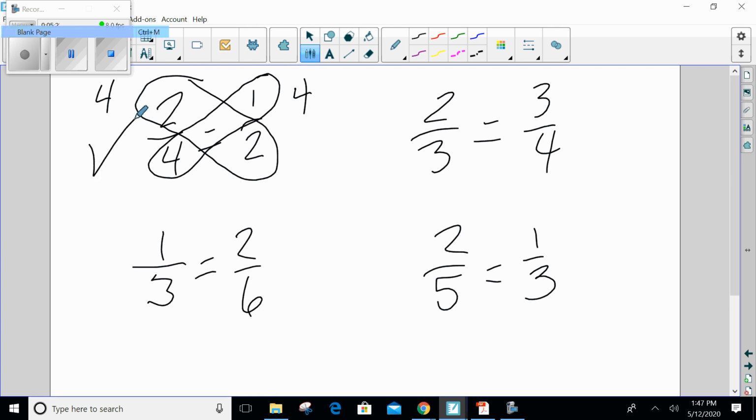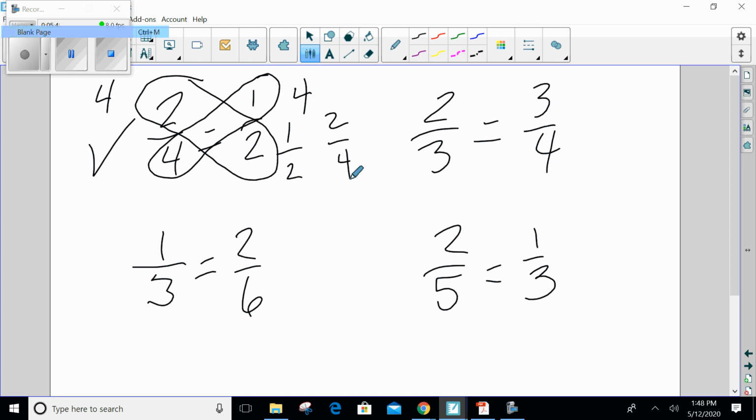Another way I can tell is 1/2. Okay. When a fraction is equal to 1/2, your numerator is going to be half of your denominator. Is that true here? Is 2 half of 4? Yes. Okay. Very good. So that is one of them.